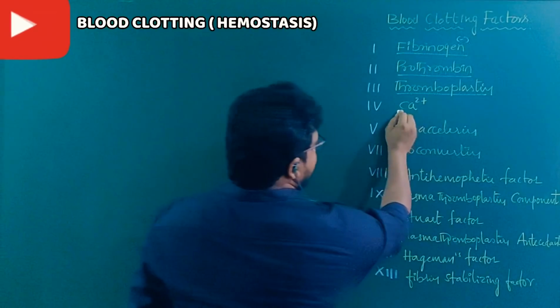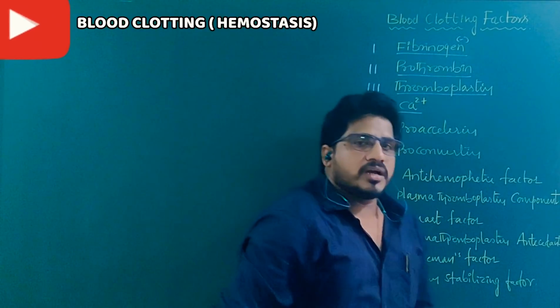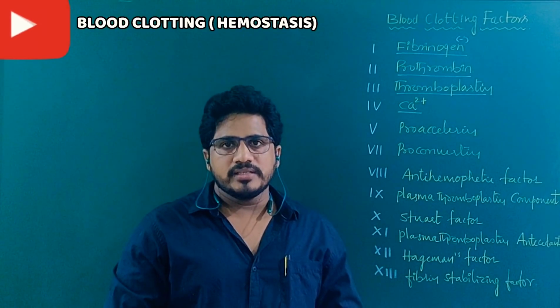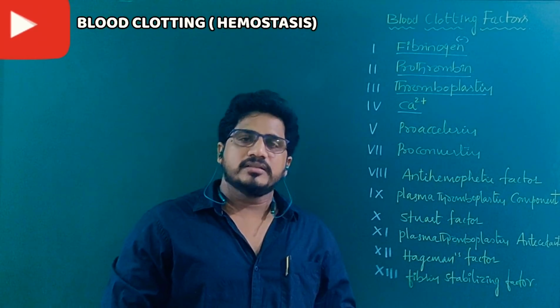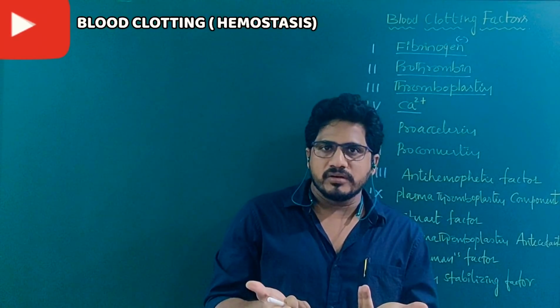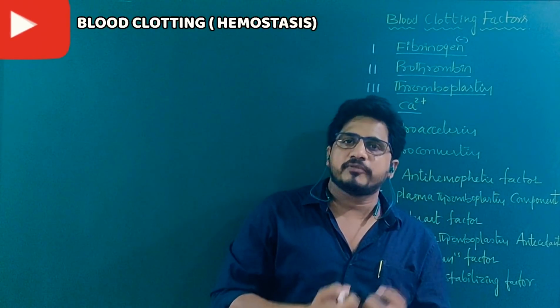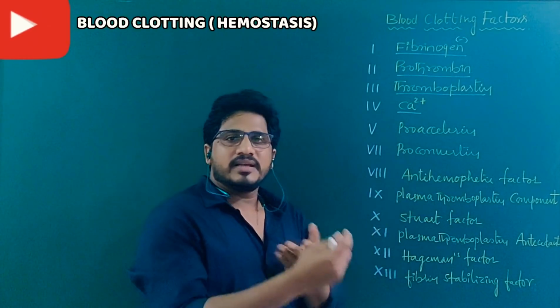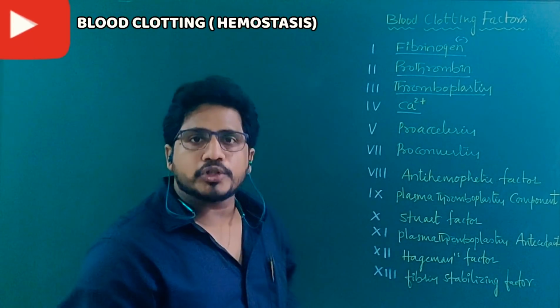Fourth one, calcium ions. There is no doubt that calcium ions play a very vital role in the process of blood clotting. The source of calcium is bone. So excess calcium from the bone is released into the blood. So this calcium helps to form the prothrombin.